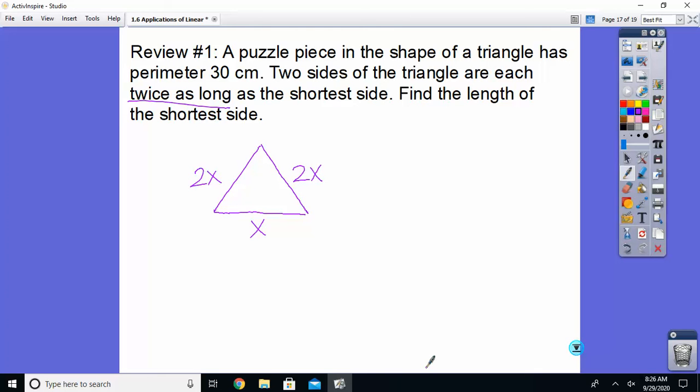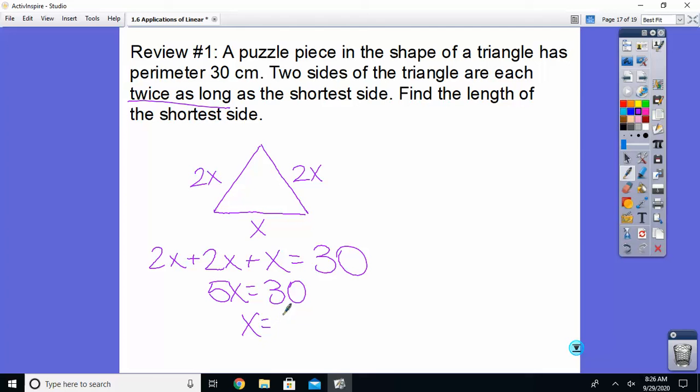Okay, no skipping steps. You get points for this. That's defining your variables, so you get a point just for doing that. Now when I talk about perimeter, how do you find perimeter? Add all the sides. 2x plus 2x plus x equals 30. Okay, so we have 5x equals 30, divide by 5, and our x is 6.